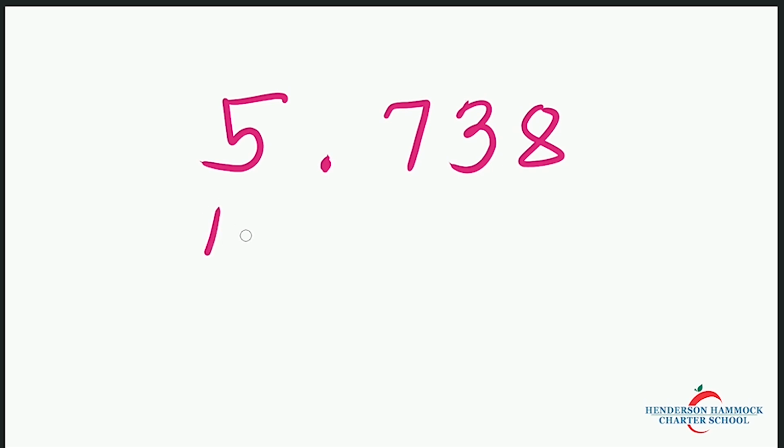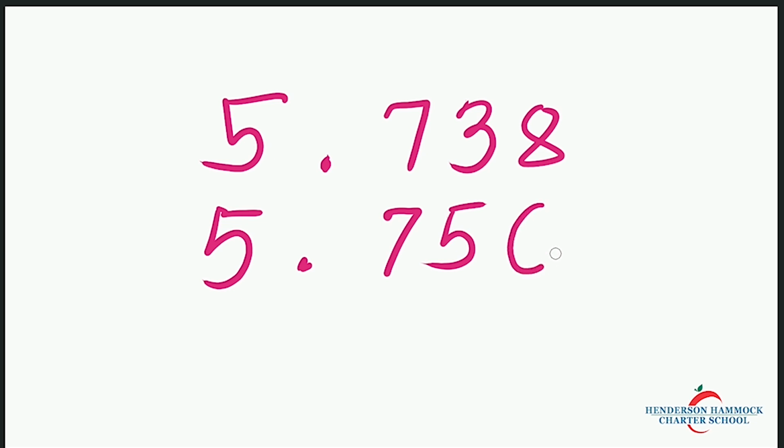So, we have to write the numbers lining up the decimal points. We will add 0 as placeholder. The next thing that we're gonna do is to compare the whole numbers. Just look in front of the decimal point.